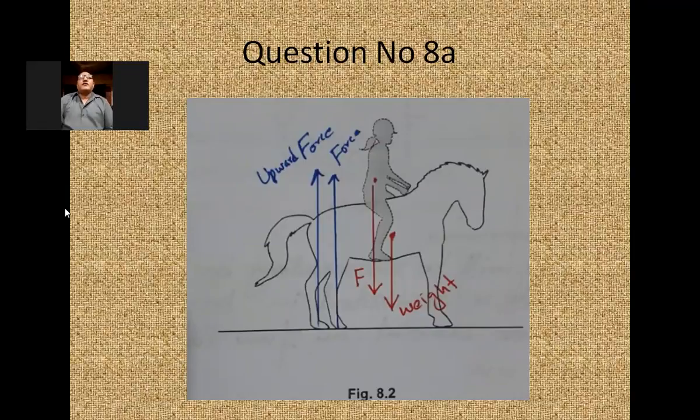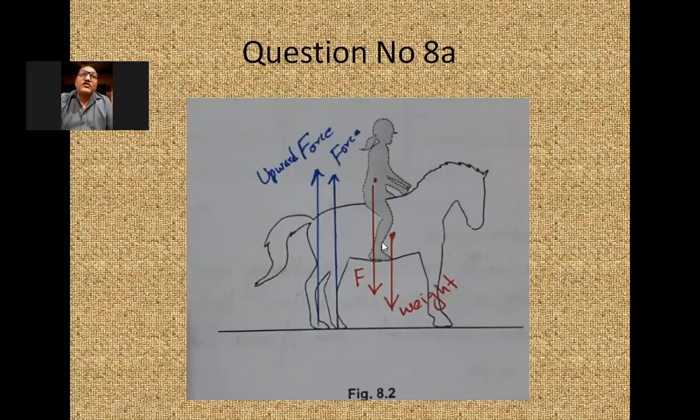The question was, it's a 3-mark question, to label the forces which are acting on the horse. One force is the weight of the horse, which acts approximately here at the center of gravity of the horse. I have represented it with this vector, and you can label it as weight.